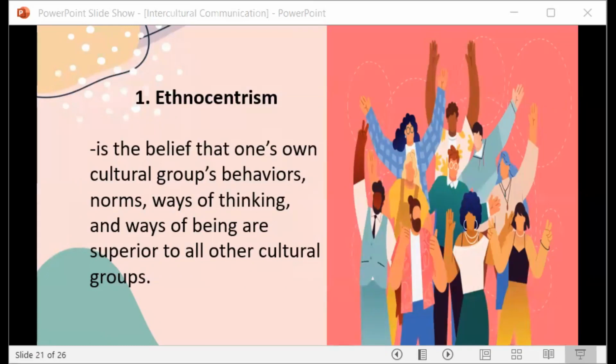Each culture has its own uniqueness, and some of it also has similarities to other cultures. If ethnocentrism continues, it becomes a barrier to intercultural communication, where it prevents an individual from seeing another perspective or point of view.